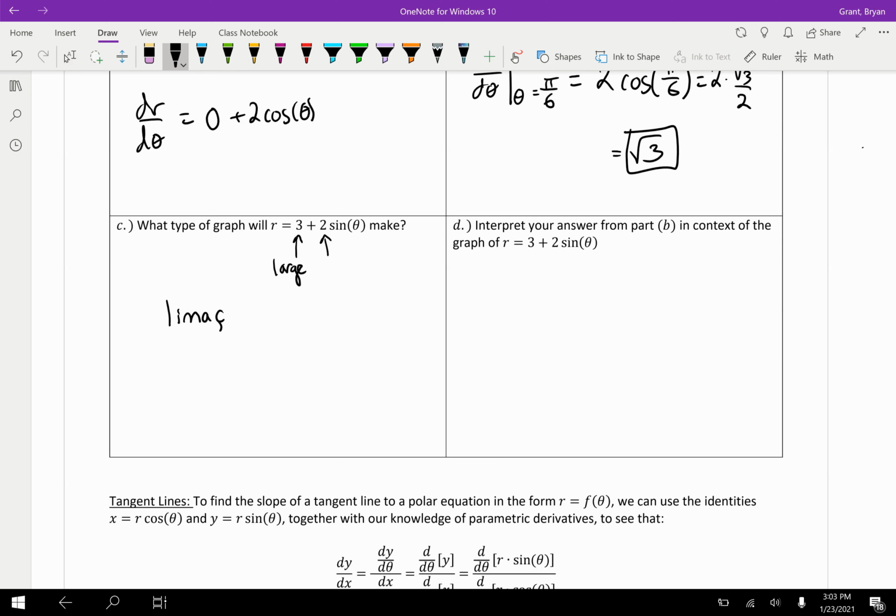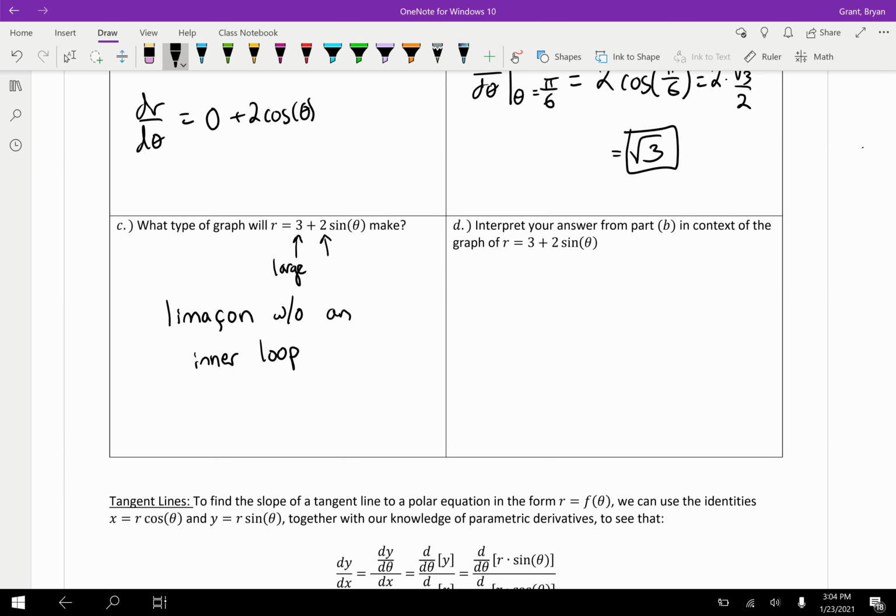This little C thing, I think it's called like a cetyle, and I'm sure my pronunciation is not great there. But we have our limacon, and it's going to be without an inner loop. Yeah, I think that's what we'll have, probably around the upper portion of the y-axis because of sine.